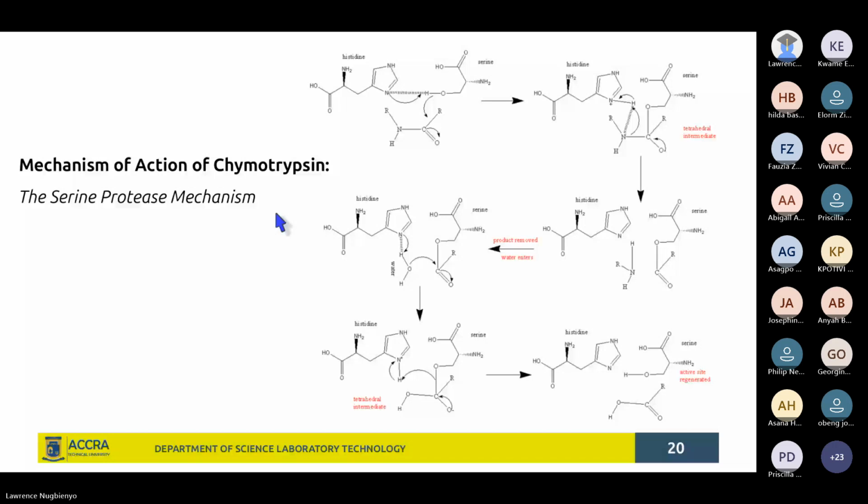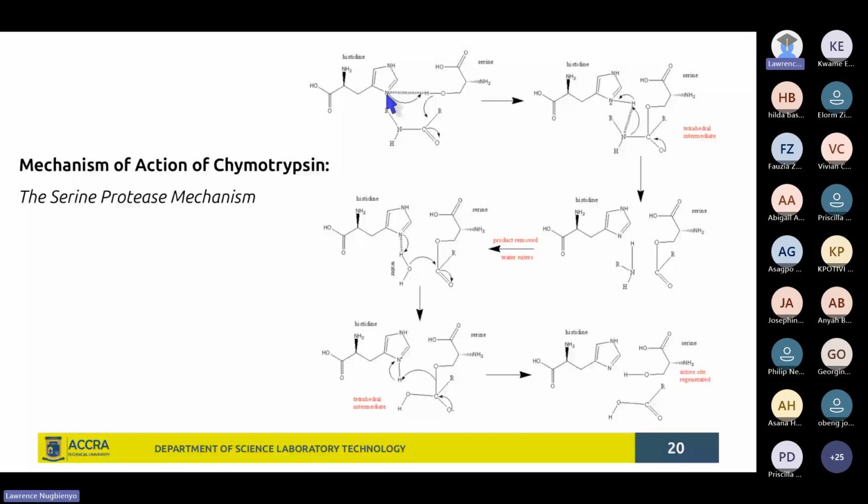Now we see histidine, it's written there too, so you can see it. And when I share the slides with you later, you can also see it well. So you have histidine that is having the imidazole ring, and you see in the imidazole ring there is a nitrogen there.